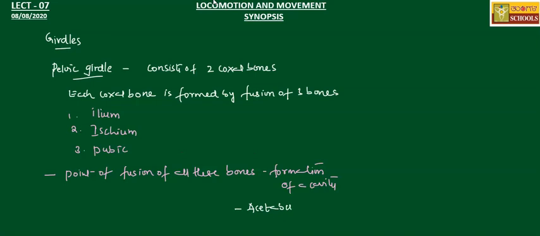This acetabulum is the point where the head of the femur fits into it and forms the ball and socket type of joint. Now I'll show you the picture of this coxal bone and see the parts of it.